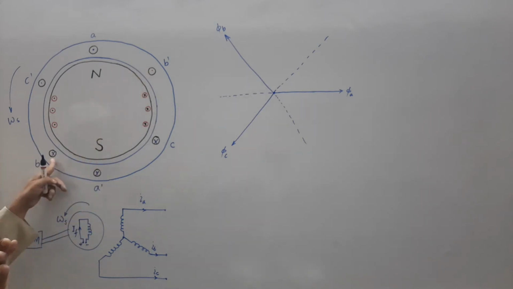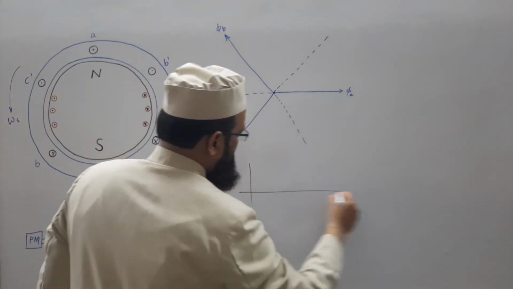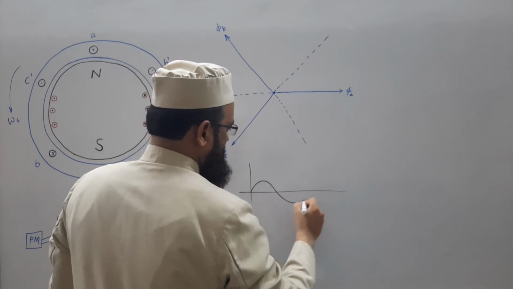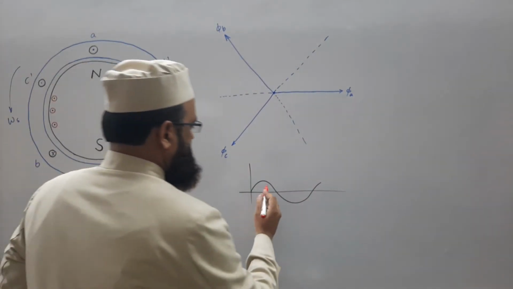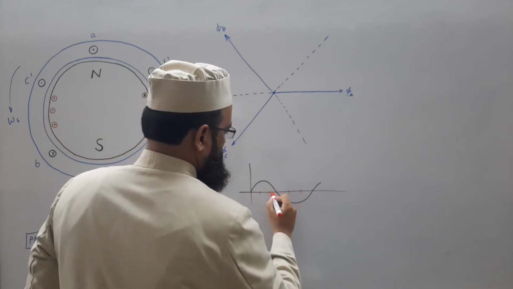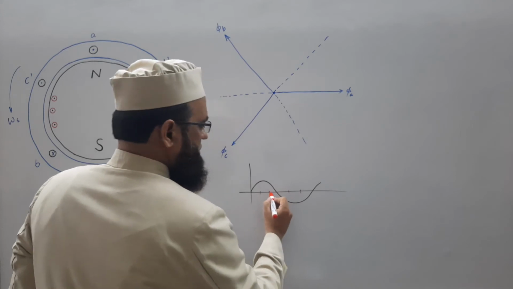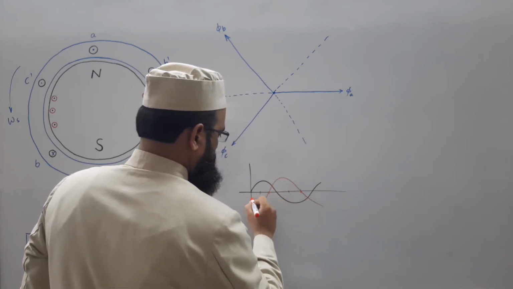And so on, right. If we are going to draw the three phase EMFs, so phase A, and let us draw phase B. For phase B, this will be the maximum.